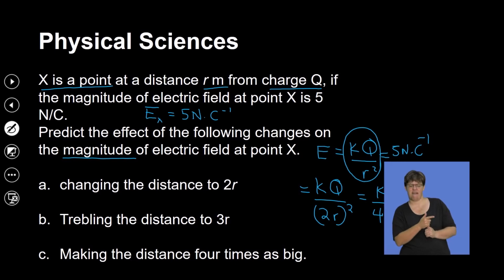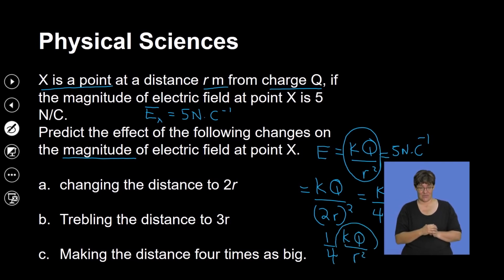Immediately I can tell that this is a quarter of kQ over r squared, which we know is represented by 5 newtons per coulomb. So already we can tell that this is a quarter of 5 newtons per coulomb, which is 5 over 4 newtons per coulomb. Already you can tell that the force experienced by a unit positive charge decreases.